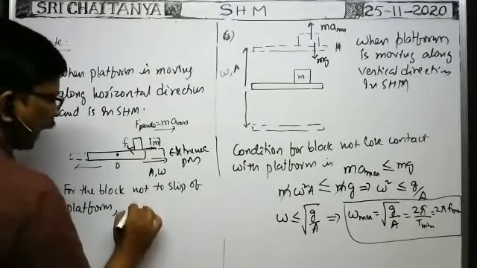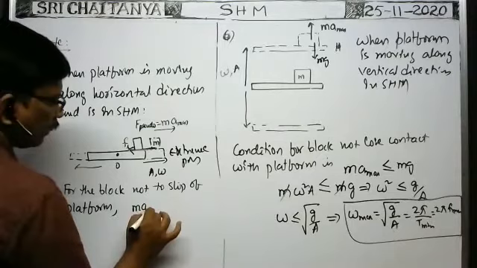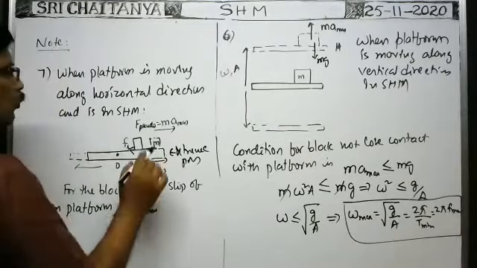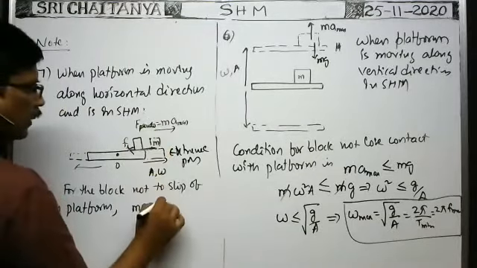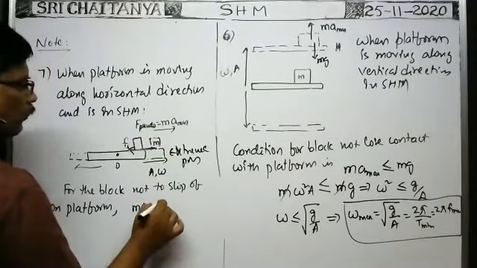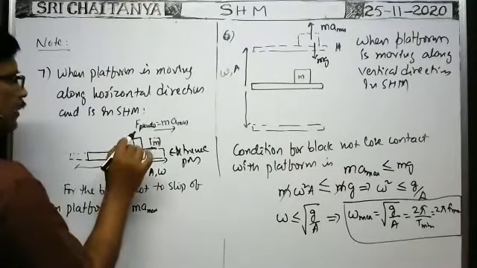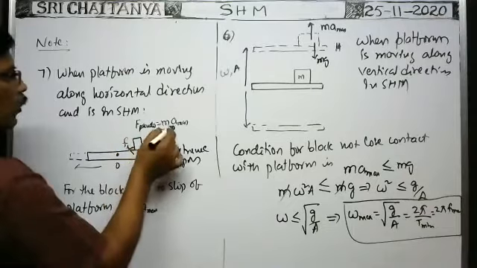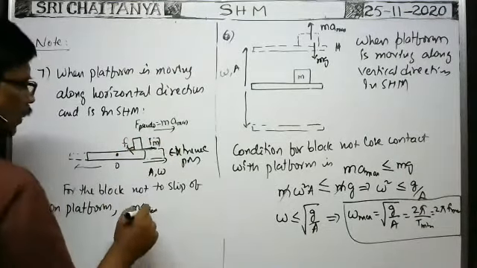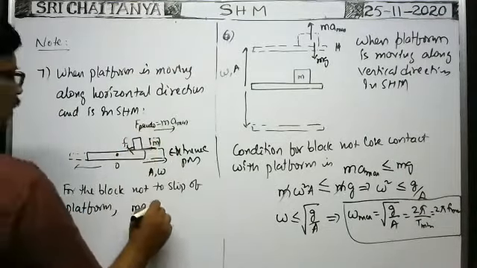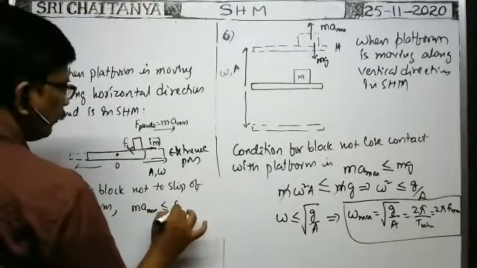The pseudo force acting on the block, m A max, must be less than or equal to the limiting friction, or the limiting friction acting on the block must be greater than or equal to m A max.